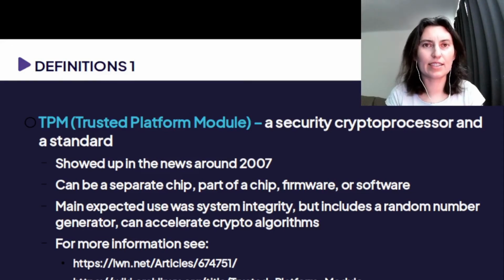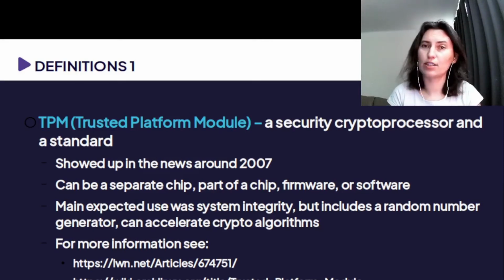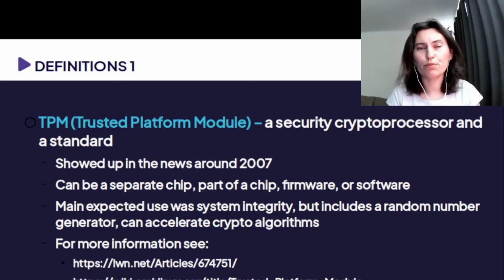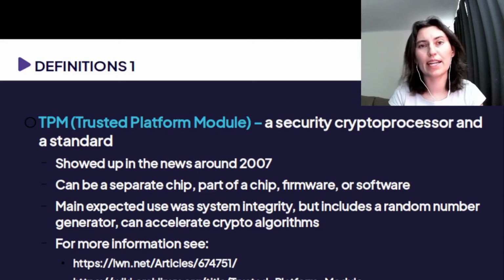There exist software projects to actually implement a TPM and emulate the TPM. The main use case for the TPM was system integrity. But you also have other functionalities, like there's typically a random number generator, or in some cases, acceleration for crypto algorithms. And of course, I provide you a few links if you're interested to read more.